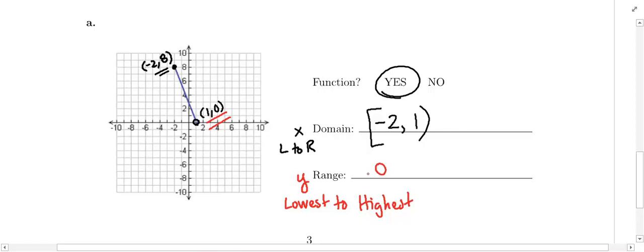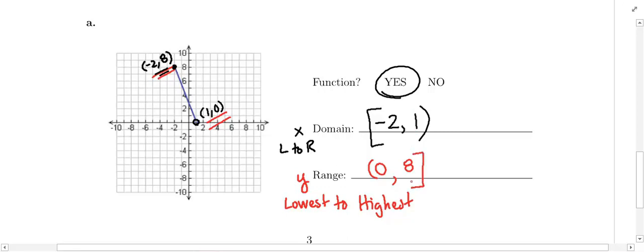The y coordinate of this point is 0. It's an open circle, so we're not going to include this point, so put a parentheses. Then we're going to travel to the high point, which is the closed circle, -2, 8. We're going to write down the y coordinate, which is 8. This is a closed circle, so it's included in the graph, so we want to include 8 in the range.